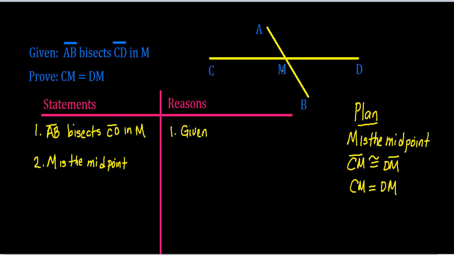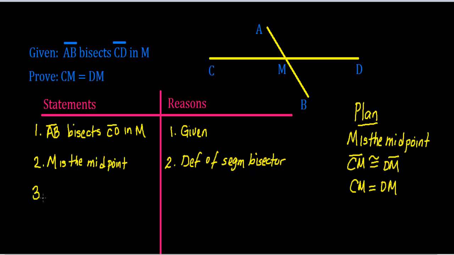So I can state that M is for sure the midpoint. And the valid reason for statement number 2 would be the definition of a segment bisector. That would be the valid reason behind me saying that M is the midpoint.